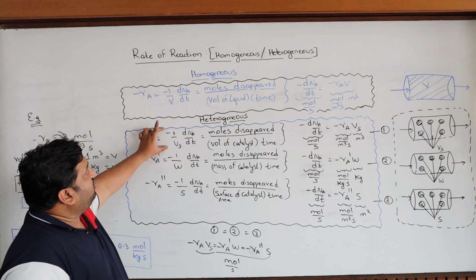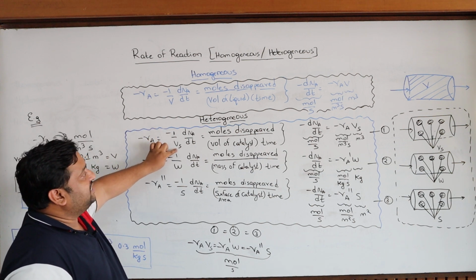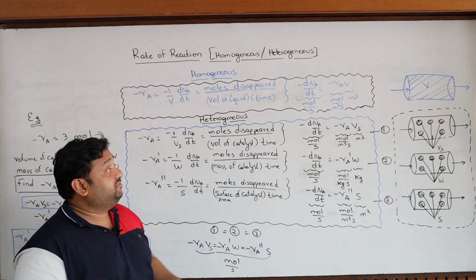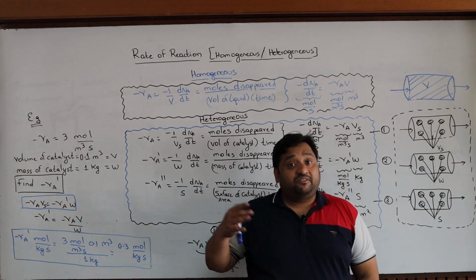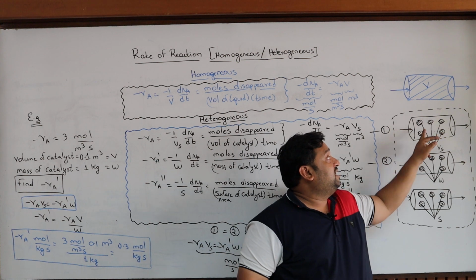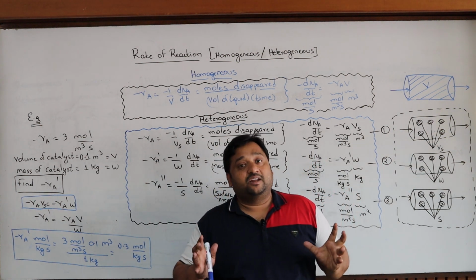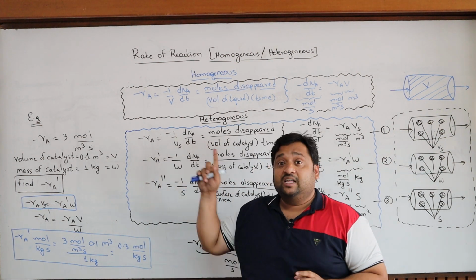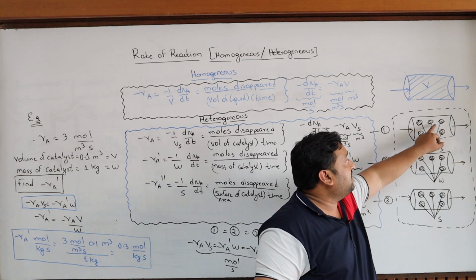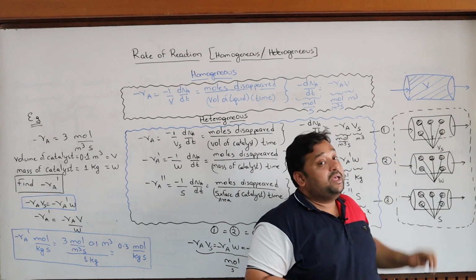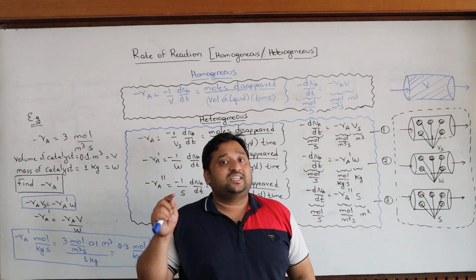Minus Ra is equal to minus 1 by Vs. Vs is nothing but the volume of the solids inside the reactor. While defining the rate, we cannot take the entire volume of the reactor. It is talking about Vs, that means the volume of the solids inside the reactor. You have to consider only the volume occupied by the solid catalyst inside the reactor.